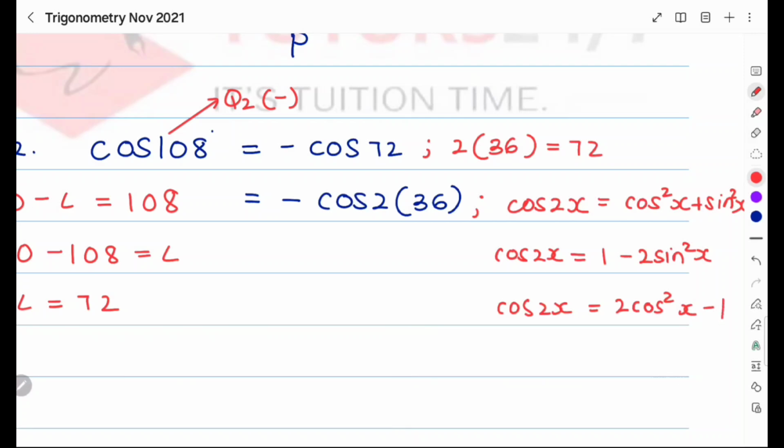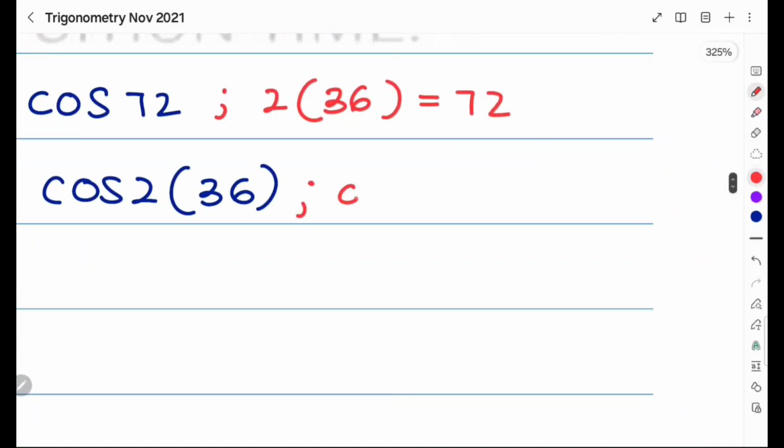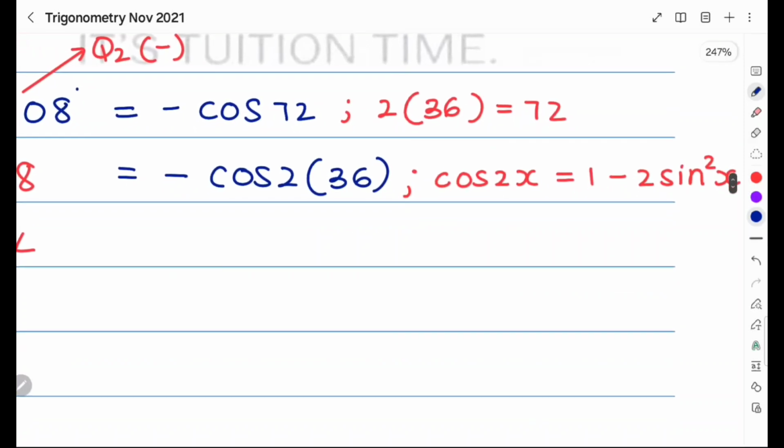So these are our three double angle formulas for cos. We need to decide which one we are going to use. So we were previously given the sine ratio. So I'm just going to use the one that has sine in it. So let us just make a note that cos 2x is equal to 1 minus 2 sine squared x, whereby x is going to represent 36.